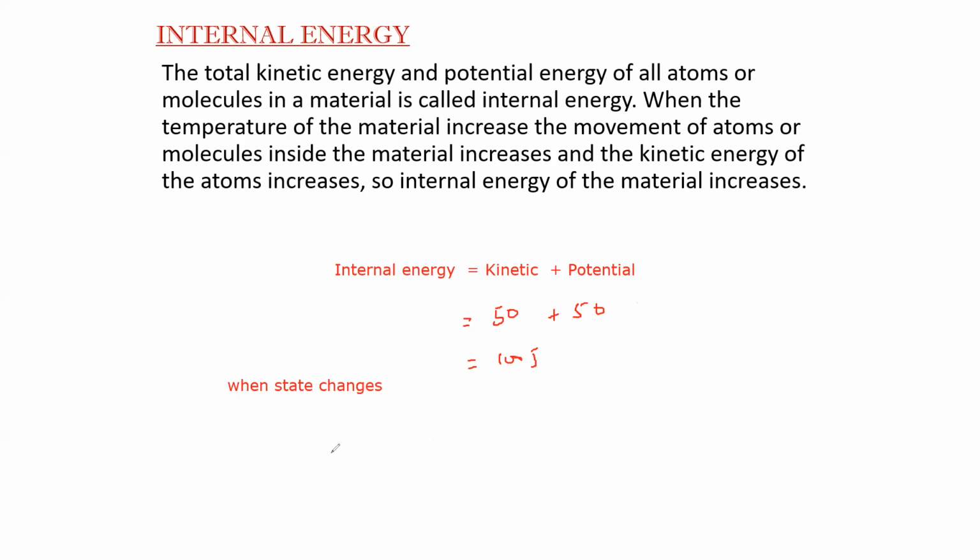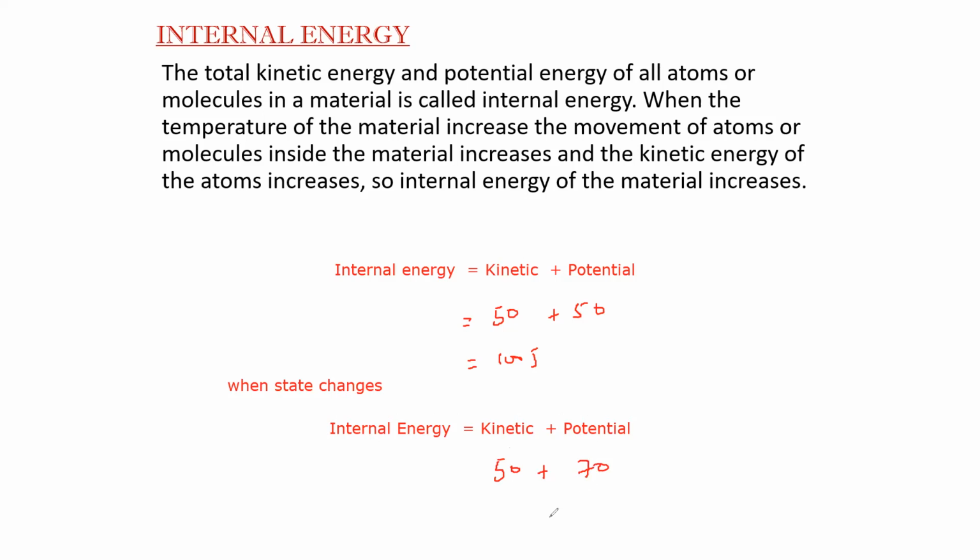So the internal energy, which is a sum of kinetic and potential, for example, if it increases, so if kinetic energy remains 50 but the potential is now 70, what is the sum of kinetic and potential?